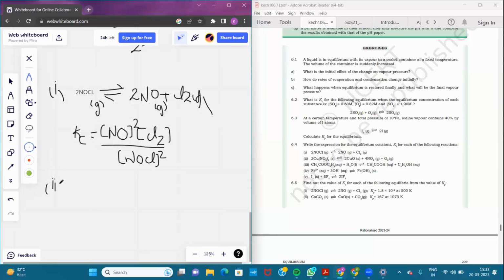Here in the reaction, CuNO3 is solid as well as CuO is also solid.